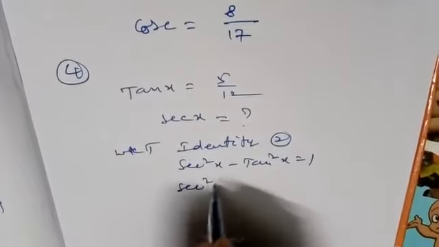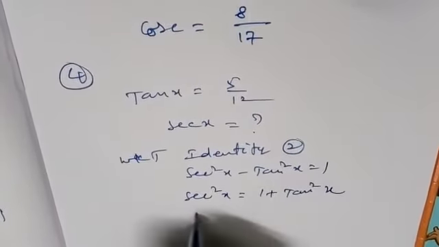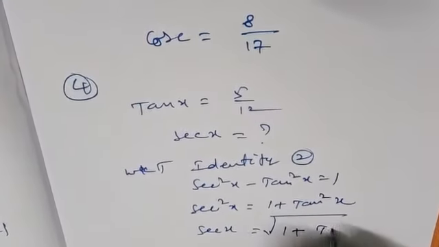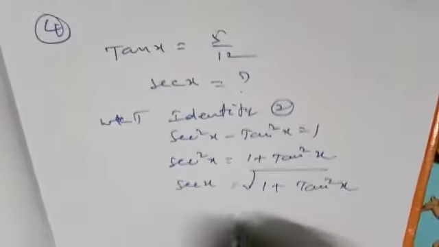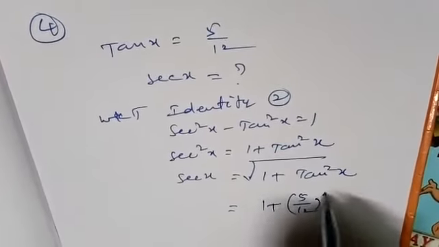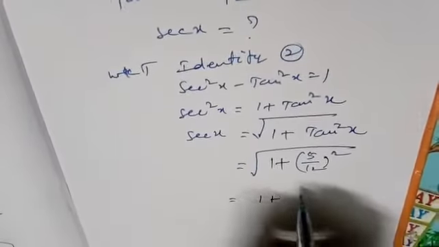So secant square x is equal to 1 plus tan square x. Secant x is equal to square root of 1 plus tan square x. Substitute the value of tan x, (5 by 12) whole square under square root. 1 plus 5 square means 25, 12 square means 144.